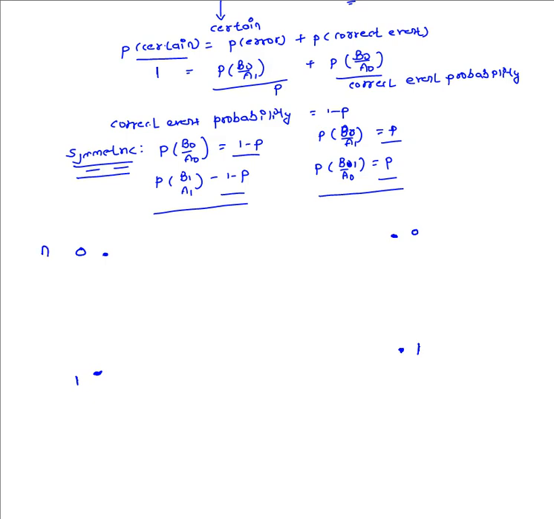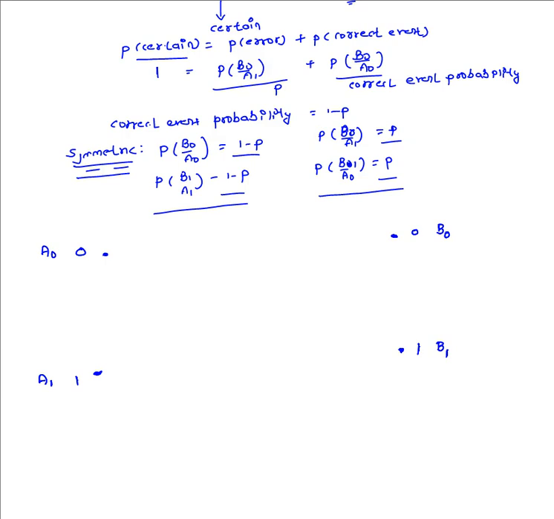The transmission of 0 is indicated by the event E0 and the transmission of 1 is indicated by the event E1. The reception of 0 is indicated by the event B0, and the reception of 1 is indicated by the event B1.